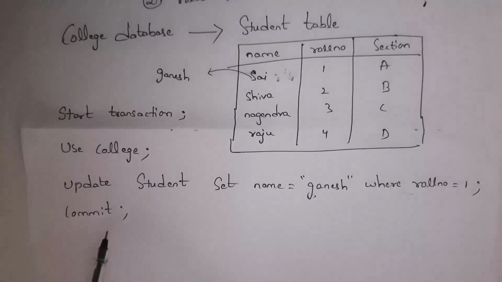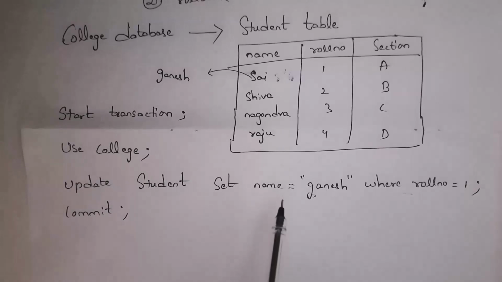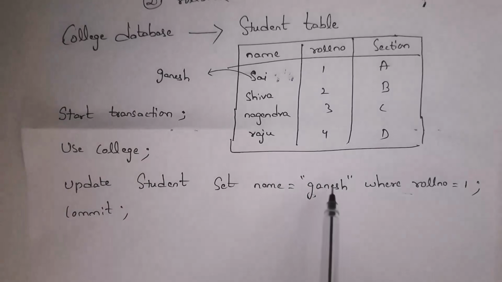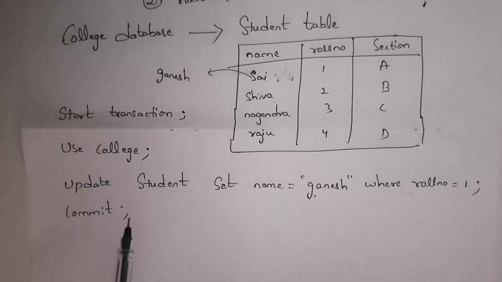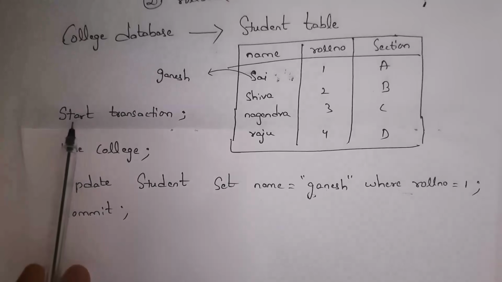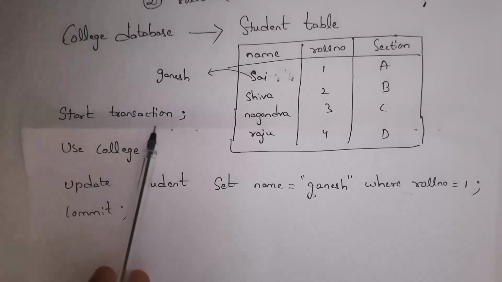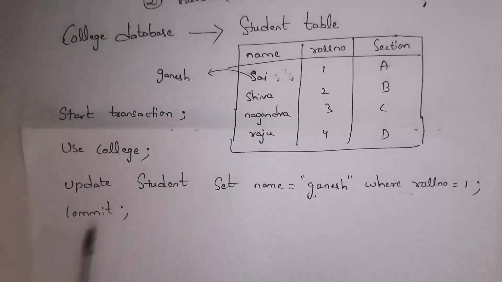Once if you close your software without writing commit, then this information will not be stored in our database. That is, it will not change name to Ganesh because we did not written here commit. So if you write commit, whatever the operations that you perform on database, that operations will be stored permanently in our database. So whenever you start any transaction, for each and every operation, you need to use commit.